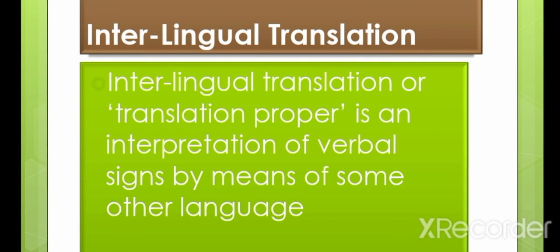We talked about intralingual translation, the same verbal signs of the same language, and here we are talking about interpretation of verbal signs by means of some other, not the same, language.